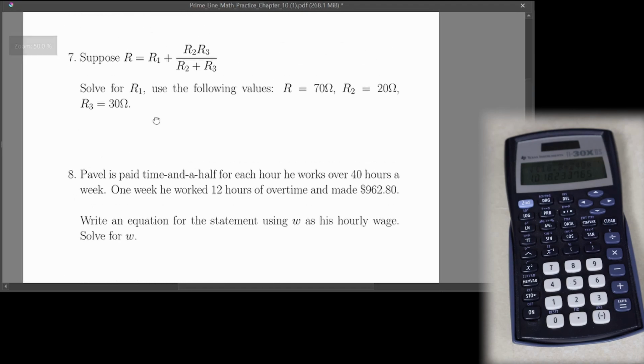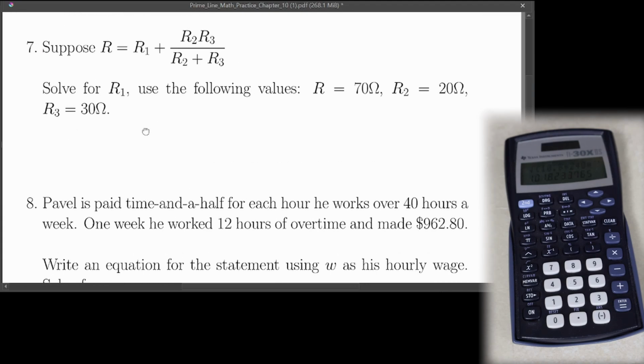Okay, problem number 7. We have values, we want to solve for R1. We're going to plug in our other pieces. So we know that R is 70 equals R1, which we don't know, plus R2 times R3. So 20 times 30 over R2 plus R3, so 20 plus 30.